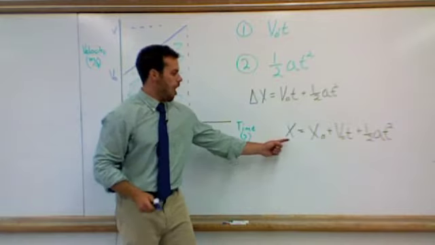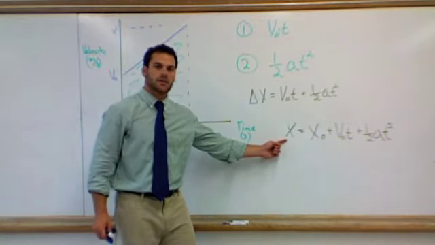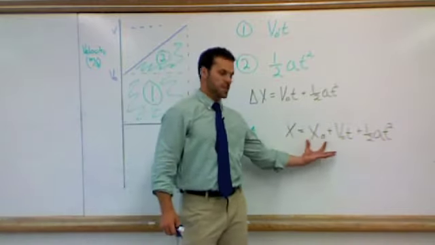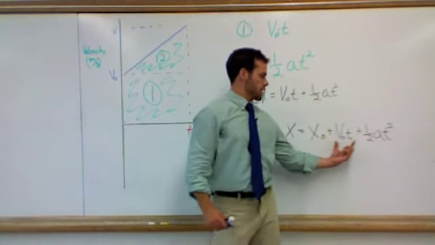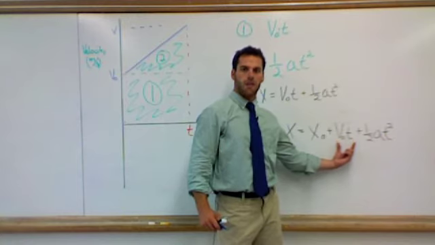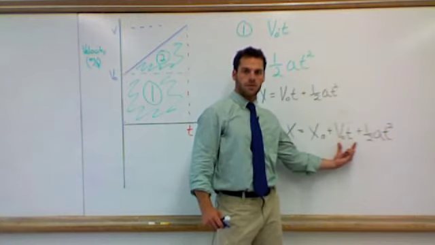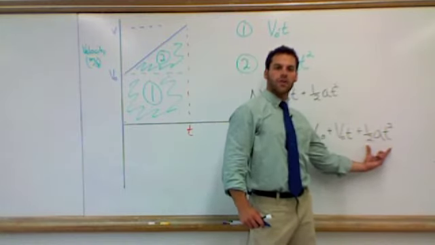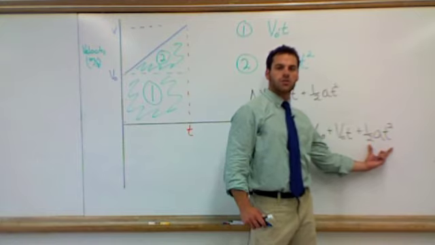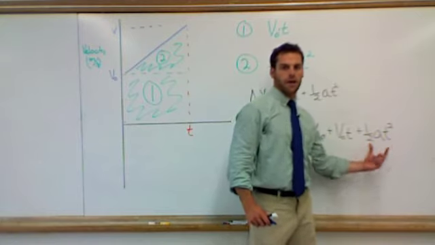So our final position, x; this term signifies our initial position, x naught. This next section is how much distance was traveled due to the initial velocity, v naught multiplied by t. And this last term is concerned with how much our position changed due to the acceleration, 1/2 a t squared.